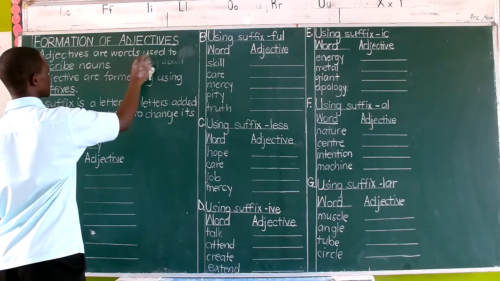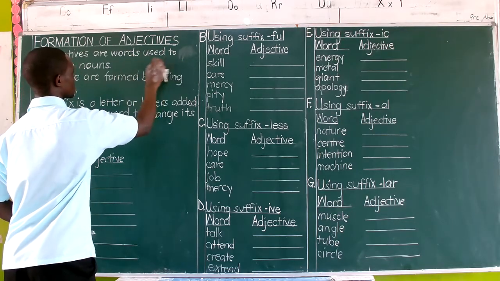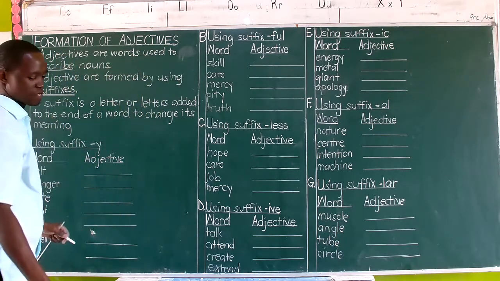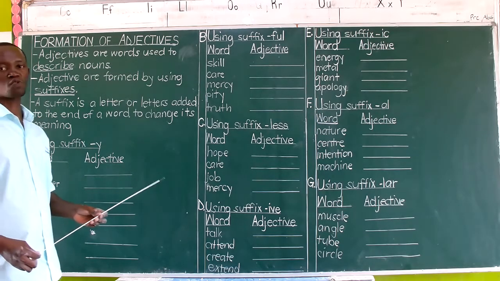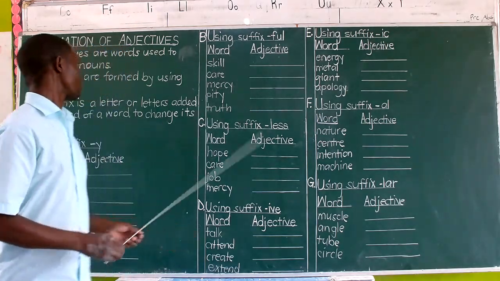That's the meaning of an adjective: words that are used to describe nouns. Sometimes they can also be used to describe pronouns. Like if I say, he is fat, I'm describing the person, where I've used the pronoun he as my subject. That's why I can say adjectives can also be used to describe pronouns.